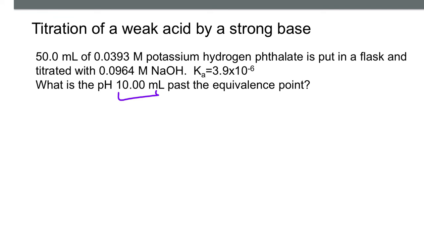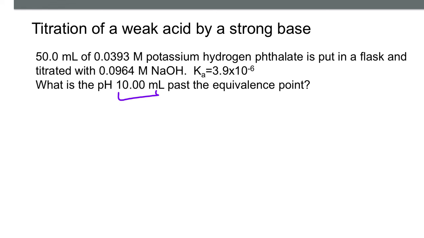We can figure out the number of moles of hydroxide in the 10 milliliters, and then find concentration from there, and then do minus the log of the concentration of hydroxide. So I'm going to do that method, and then we can talk about others if we want.